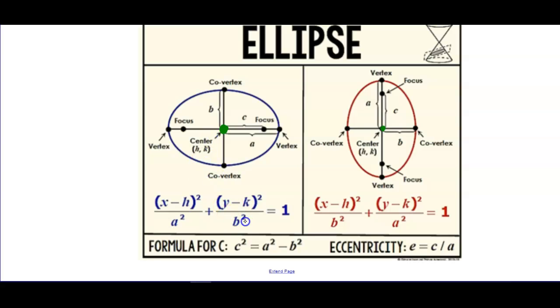Whatever the smaller B value is here, if it's shorter across, then this one is B, and you go out from the center B. If it's up and down, the smaller B is under the Y, and you go up and down that much. That's it. This is the formula, guys. It's like a circle, but it's been stretched in one direction A, and another direction only B. They're not the same. And you always have to make it equal to 1 here.